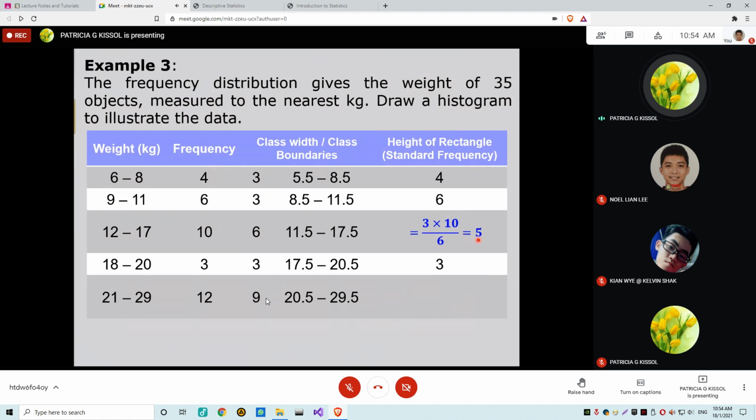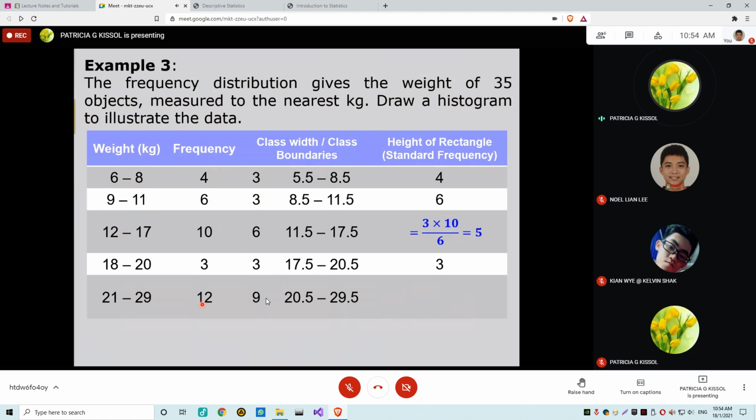So when you calculate it, it's 5. Now the height for this class is not 10 anymore, it becomes 5, because when the width is doubled, the height would be reduced by half also.